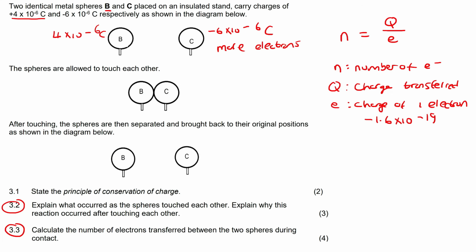Okay, so they want us to calculate the number of electrons, but we don't know how much charge is transferred. So we're looking for this, we know this, and there is a way to find this. So let me show you. We know that this B was originally that, and this C was originally that. When they come into contact, electrons are going to go there, and then they're going to move apart.